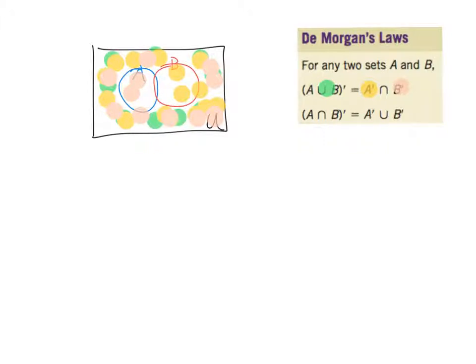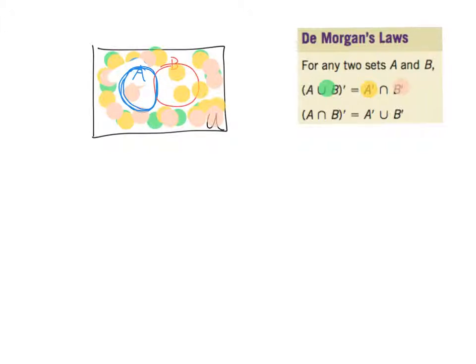Notice in A, I only have peachy color. I don't have both gold and peachy. And in B, I only have gold color. I don't have both gold and peachy. The area that has both peach and gold color is the green area. So we just proved that (A union B) complement is the same as A complement intersect B complement. Okay, that's the first one.